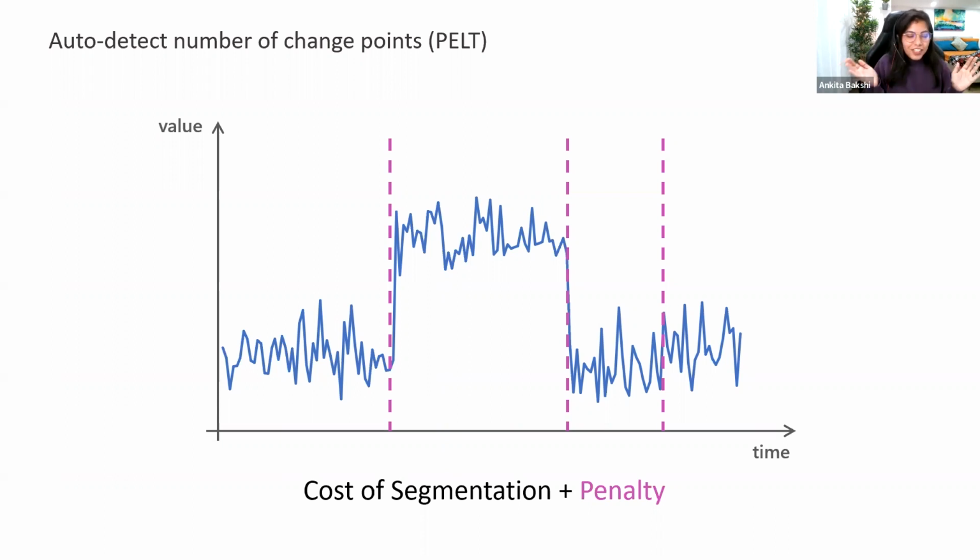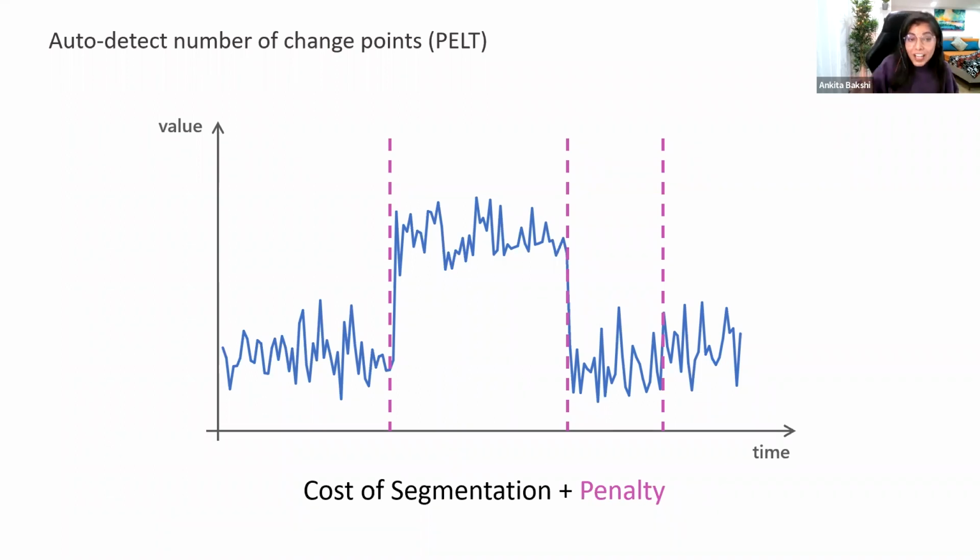If the cost of segmentation only improved by, let's say, 0.01, but the penalty is like 0.5, then it's not a good decision to add a new change point, because the cost of segmentation is not improving a lot, but the penalty is too much. So adding a penalty to the change point could help us prevent adding additional change points.